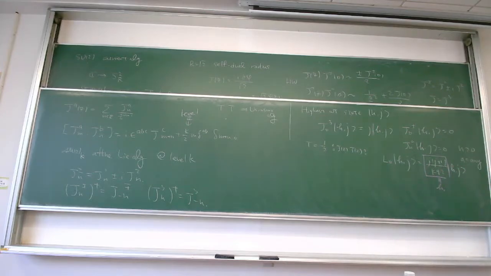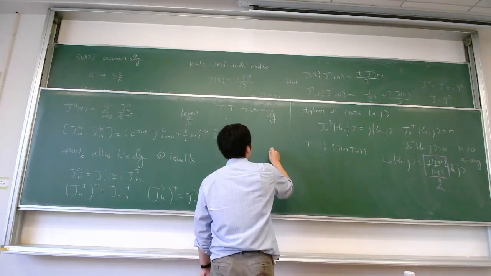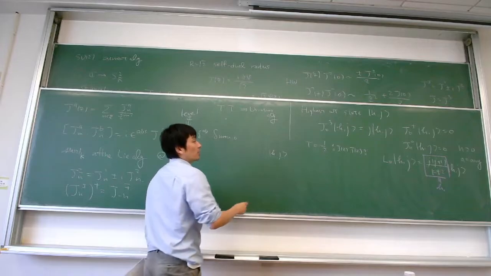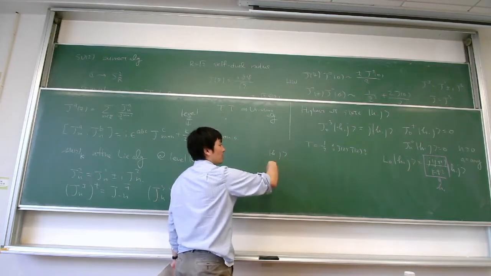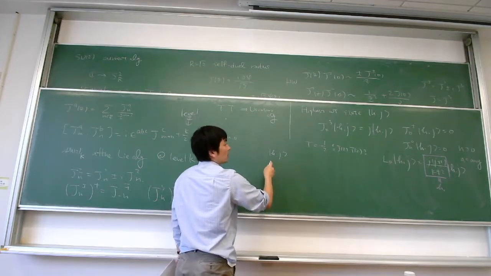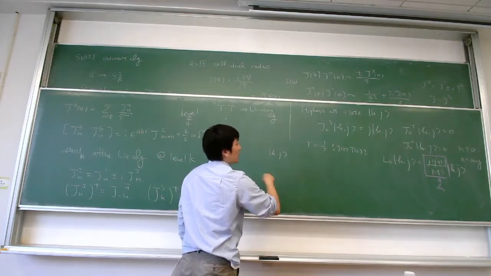The representation of this affine Lie algebra is that you start with h_j, and then you act with creation operators, or lowering operators.